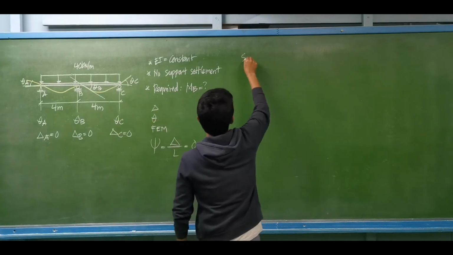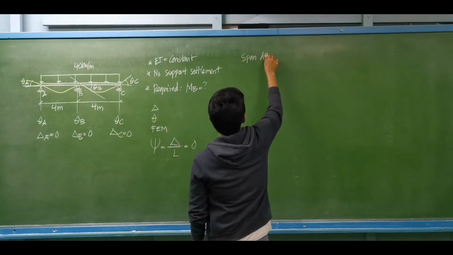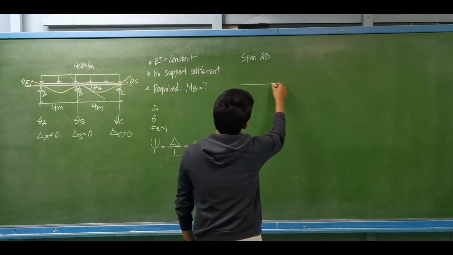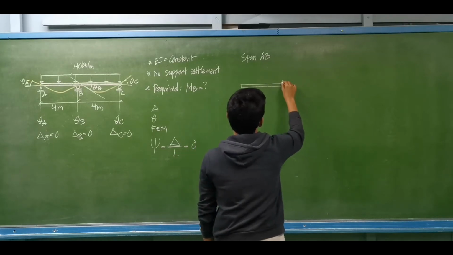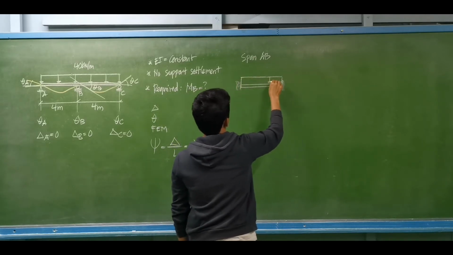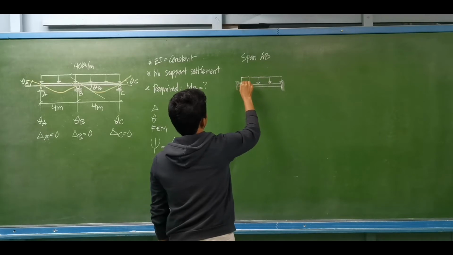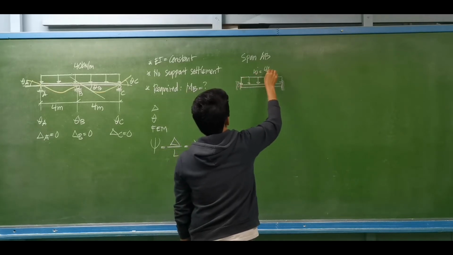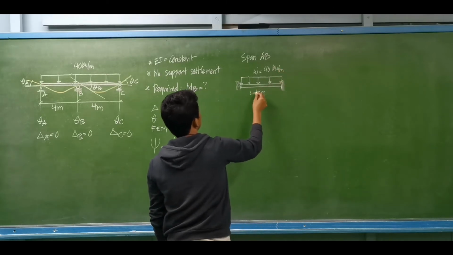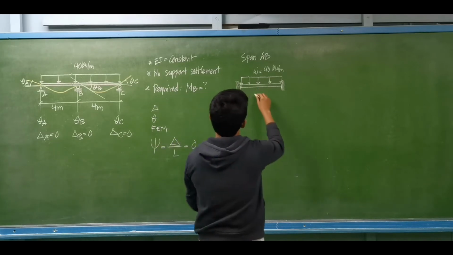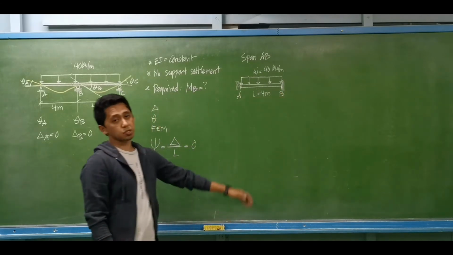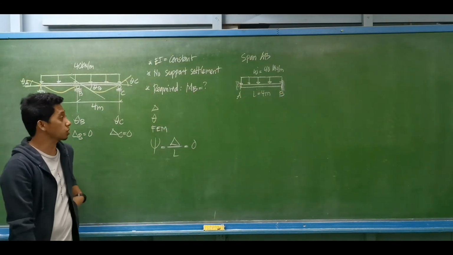So for example, span AB. We isolate the span AB, then assume both ends to be fixed supports.